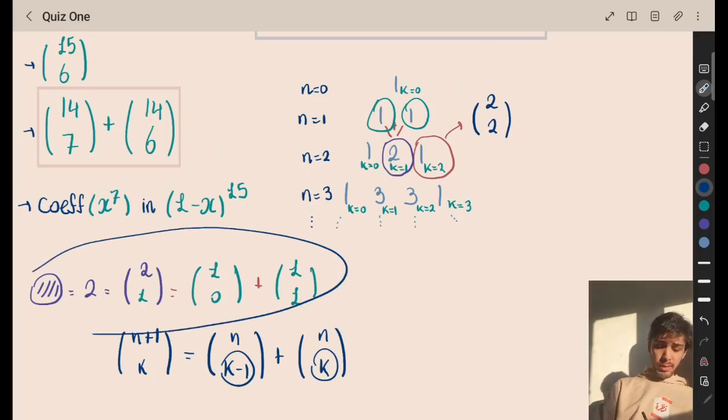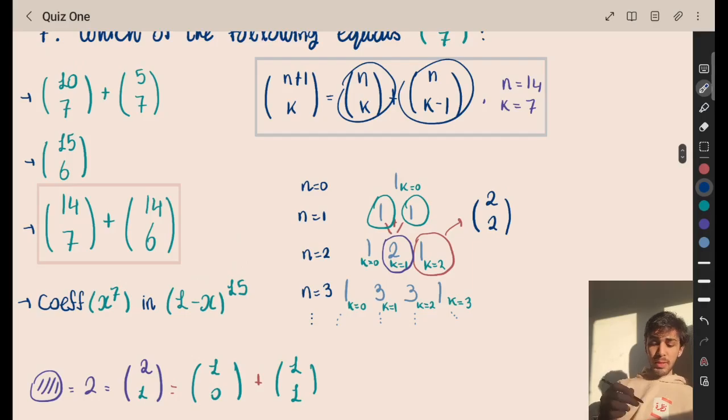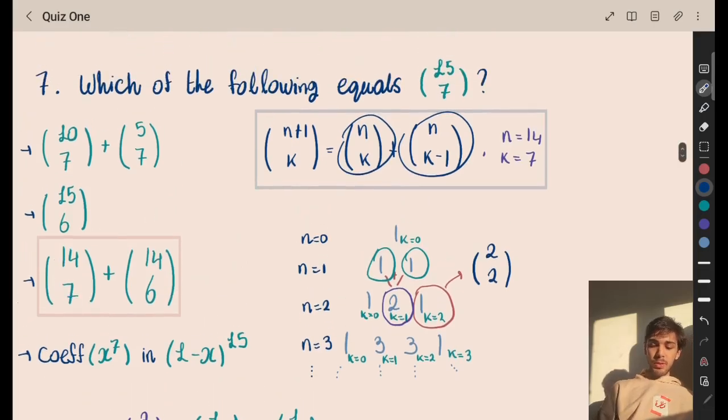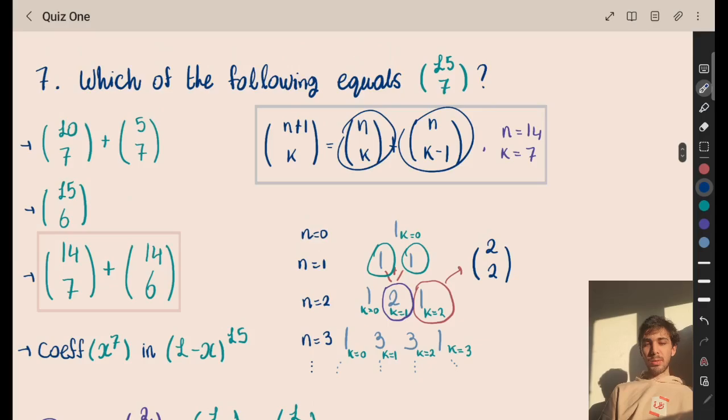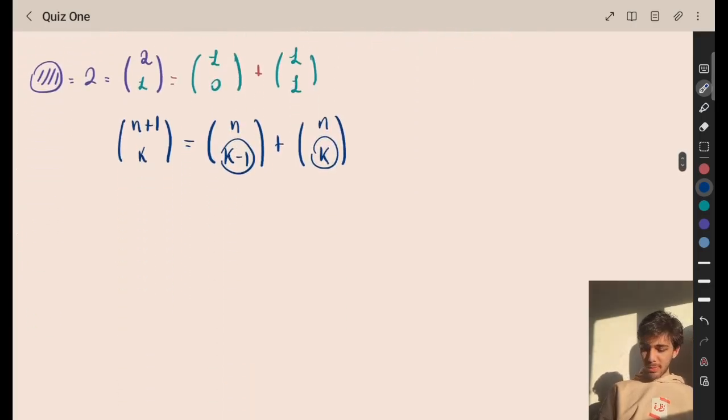This is one example. And if I could write down the 15 rows or 16 rows of the Pascal triangle in order to show you that if I want to write 15 choose 7, I will get 14 choose 7, 14 choose 6, then I would happily do it. But unfortunately, I don't think we have the space for that here. Or the time, honestly.